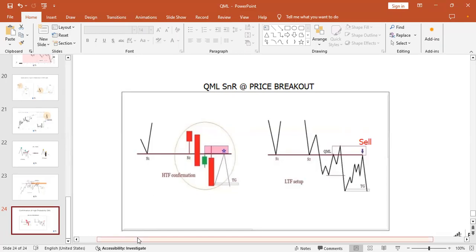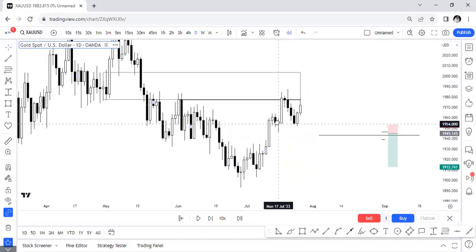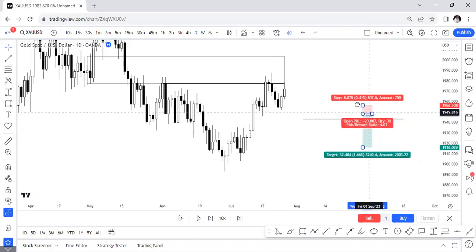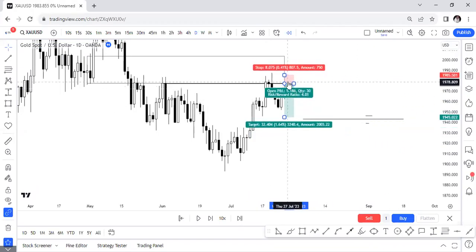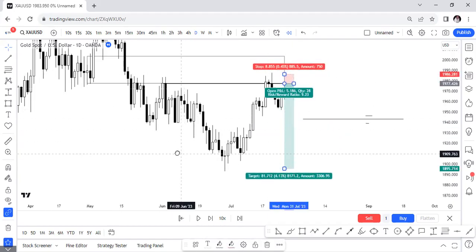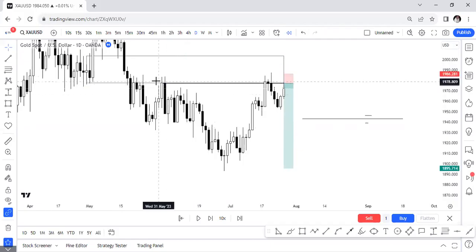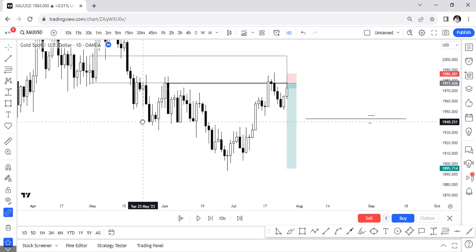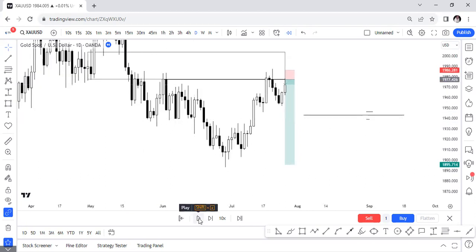So let's go back to this. You can imagine this thing you get. So we target here first. It can be at, and see, below the zone.